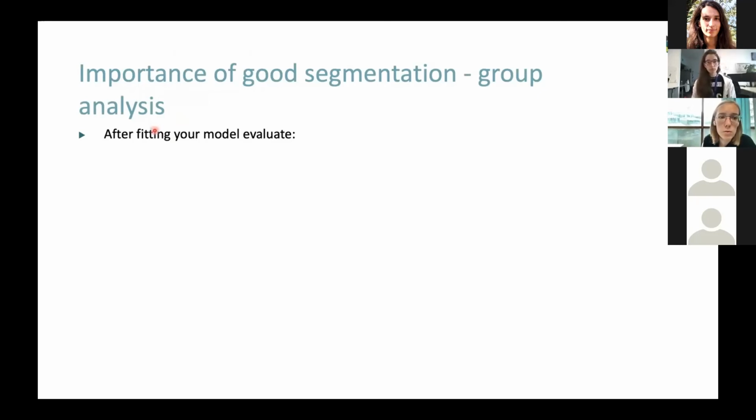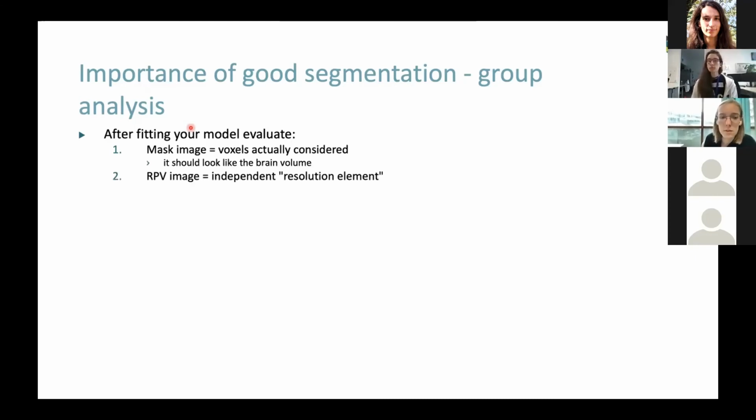And to make sure that you actually manage to select the right patients, you should check several parameters in your SPM model. So the first of them is the mask image, as I said before. You need to make sure that all the gray matter voxels are considered in the mask, and that it looks like the brain volume.